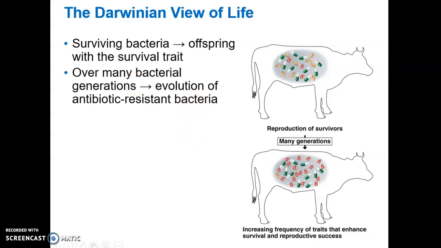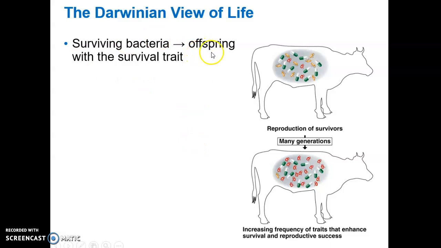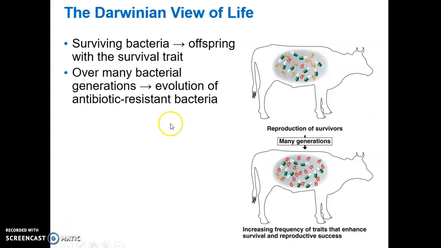So the surviving bacteria pass on their trait of antibiotic resistance to their offspring. And over many generations, we get the development, the evolution, of antibiotic-resistant bacteria that may become a major problem in a particular farm, for example.